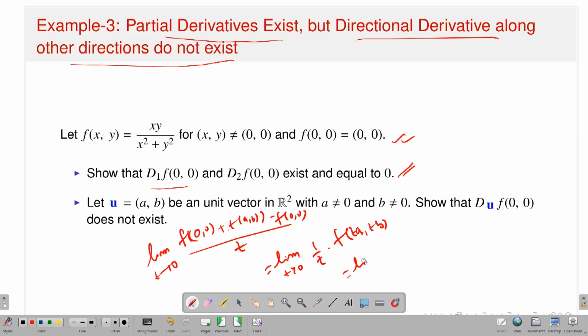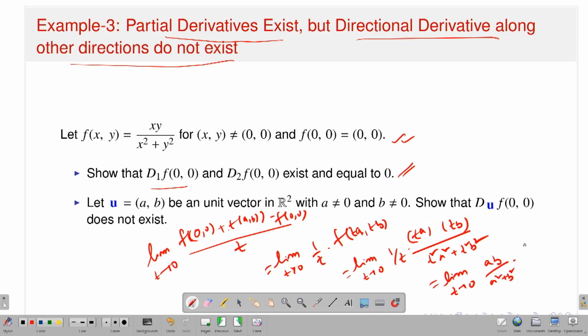So this is the limit as t approaches 0 of 1 by t, and what is f of (ta, tb)? Since a and b are non-zero, this is ta times tb divided by t squared a squared plus t squared b squared. The t squared in the numerator and denominator get cancelled, so this is ab divided by a squared plus b squared, but there is a 1 by t, which makes a problem, because the constant can be taken outside and the limit does not exist.